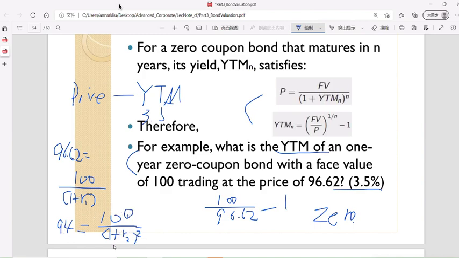So you may get R2 using this formula. But what does that tell you? That this 19.4 is also the price of the 2-year bond, which is 100 divided by 1 plus the 2-year interest rate to the power 2. So here you can map the interest rate with the corresponding price of the zero coupon bond.